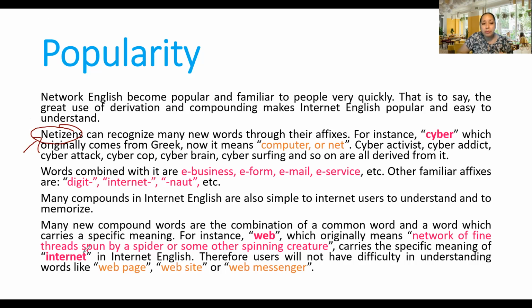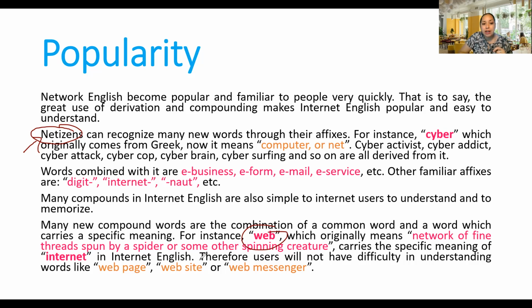And many new compound words are the combination of a common word and a word which carries a specific meaning. For example, web, which originally means a network of fine threads spun by a spider or some other spinning creature. That's the actual meaning of web, but it has a specific meaning for the internet.